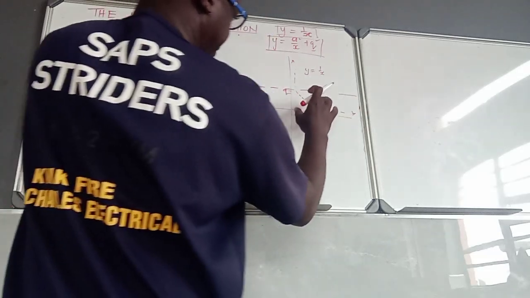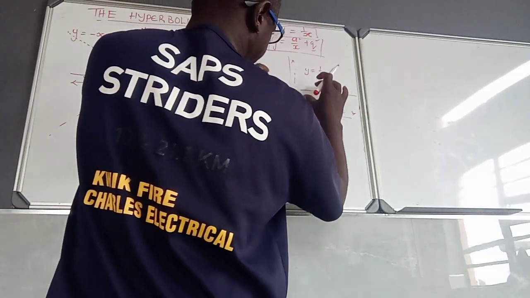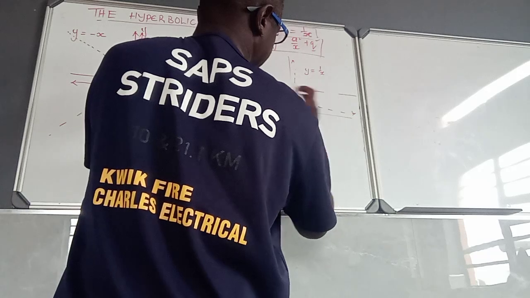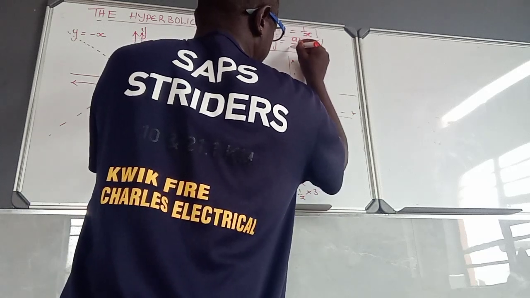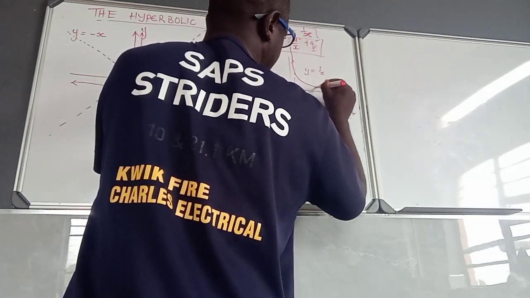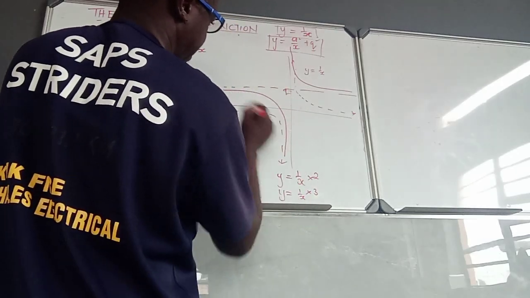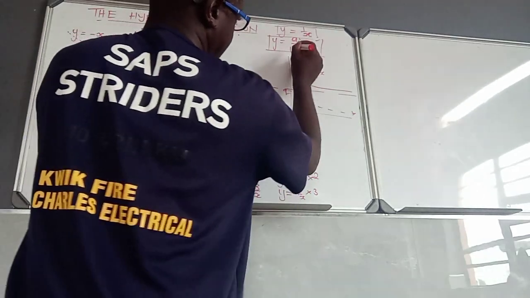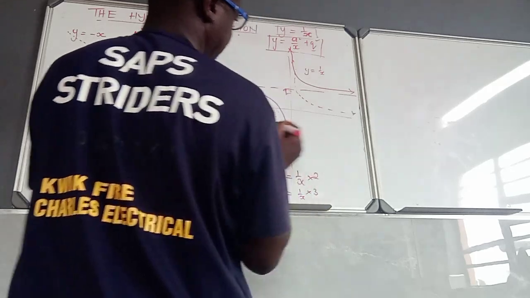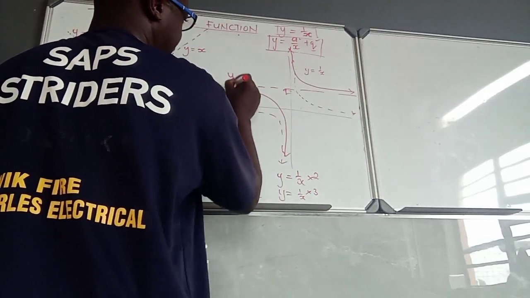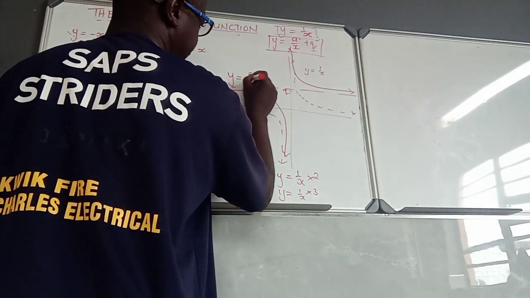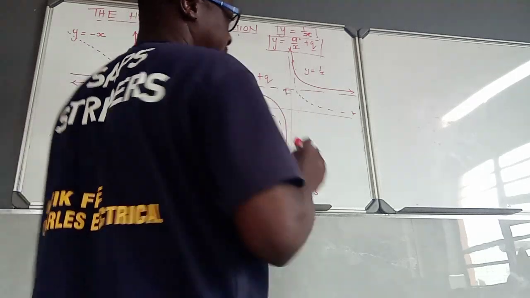It means I'm going to take my graph and move it, and I'll have a new asymptote, which is q. So my graph is going to be here and there. So this is going to be y is equal to a over x plus q.